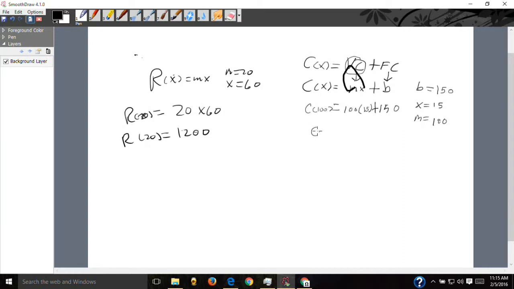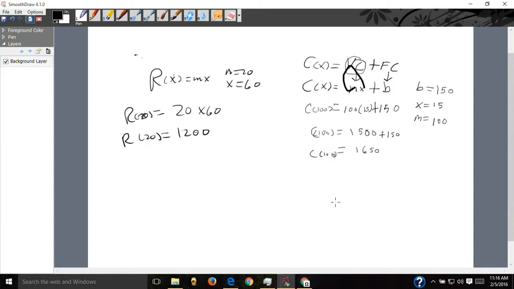I got C of 100 is equal to 100 times 15, plus 150. Put in my parentheses.